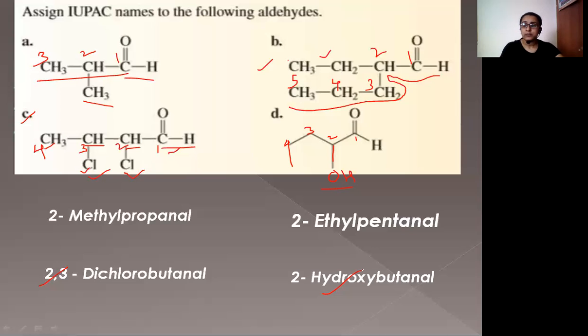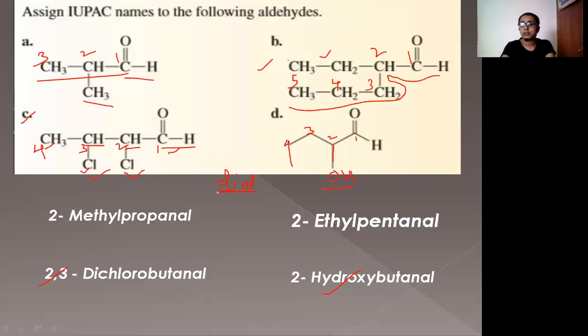Okay, we'll try to solve some more examples by drawing the structure. Always remember, whenever two aldehydic groups are present within the same compound, जब दोनों दो aldehydic group present हों compound में, we will use the suffix dial.